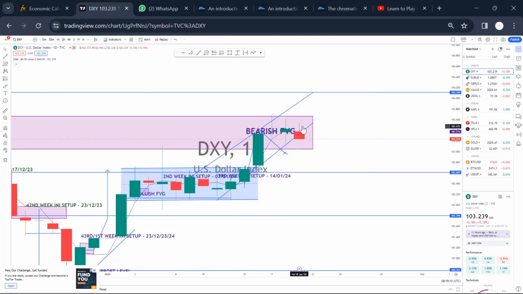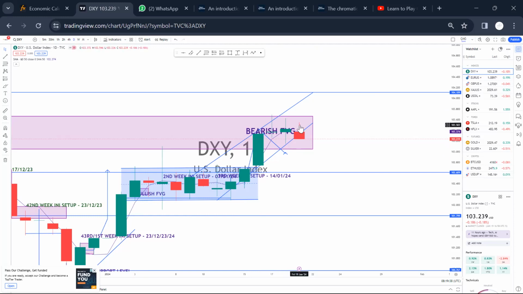But all these things are happening in the fair value gap. So with my knowledge of the fair value gap, and this being a bearish fair value gap, it means there is quite a probability of reversing or moving down or dipping, even though generally we see an uptrend.